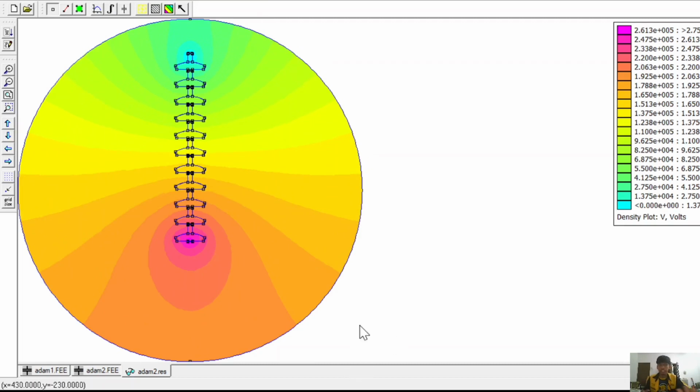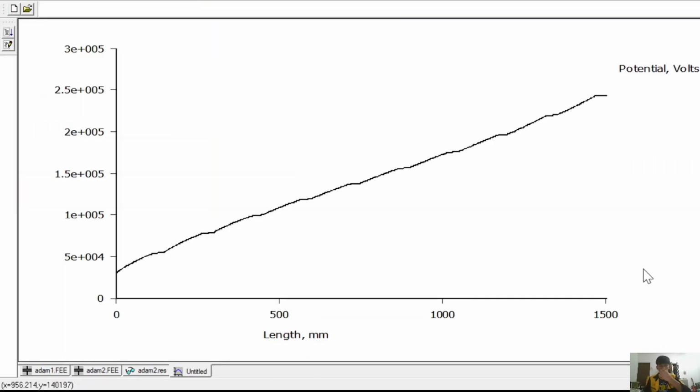So from my explanation, the blue one is the zero density volt, and the below is the high voltage density. So the voltage did not exceed our insulators. So that means our insulator design is very good. So we just plot the graph first. So for our voltage, as you can see, this is our potential volts.